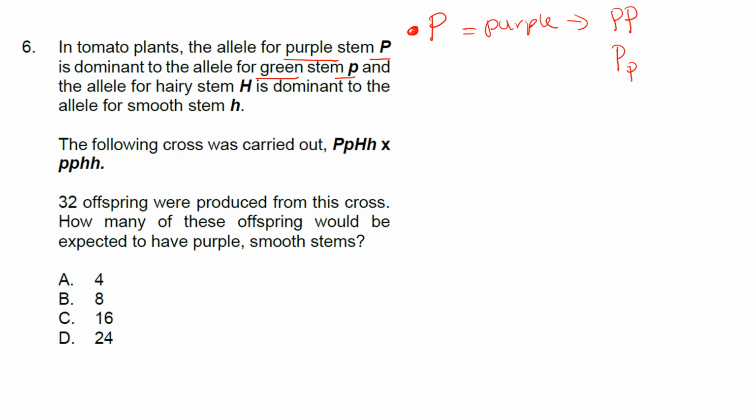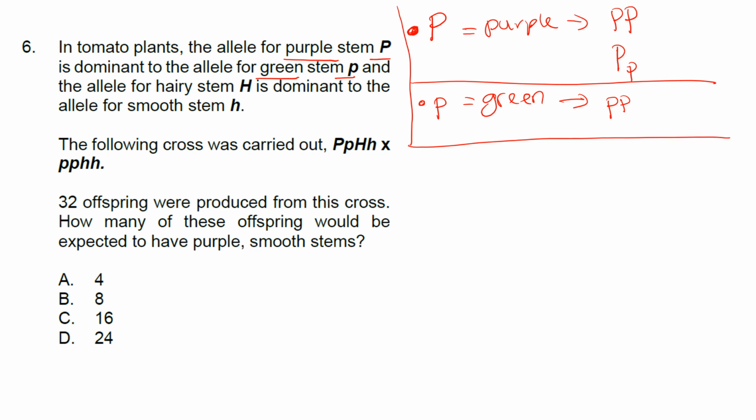Then you have another allele which is recessive, which will express green stem. So in order to produce green stem, the individual has to be homozygous recessive. So this is for one gene.